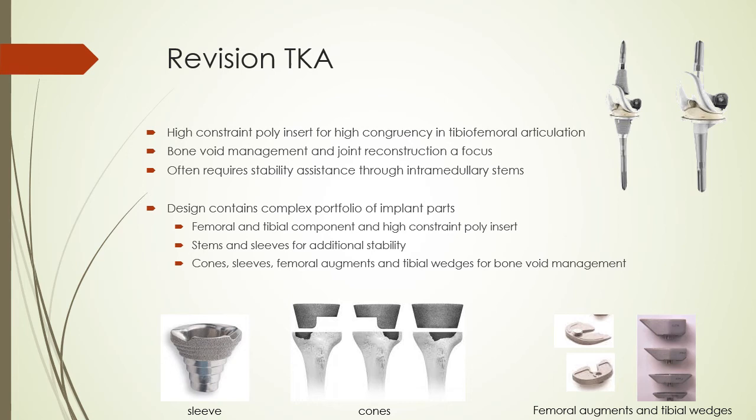And bone void management and joint reconstruction are a focus for the surgery, and it basically requires stability assistance through stems. And you often notice the revision TKA portfolio contains a lot of different implant parts, not just a femoral component, tibial component, and patella. It comes with all sorts of stems, sleeves, cones, augments, and wedges.